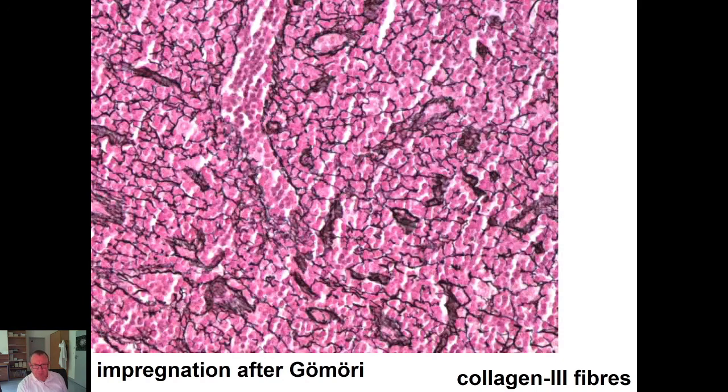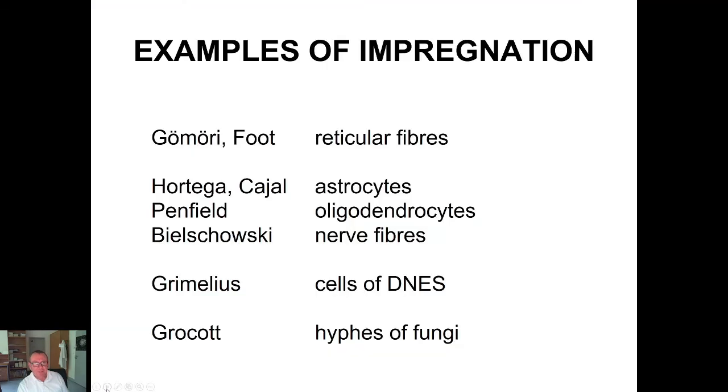Sorry, I skipped one picture, but I can go back and I'll show a slide about impregnations. Impregnations are stainings based on the silver or another metal reduction in the tissue.